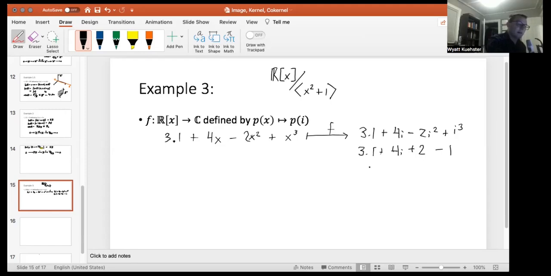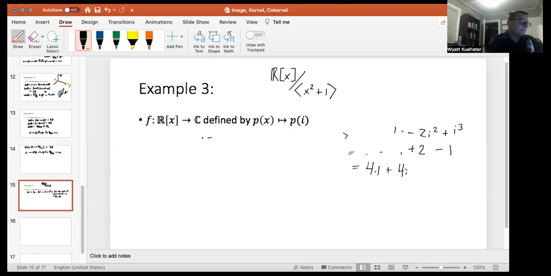So all in all, I get 4.1 plus 4i, just for this example. So it takes a polynomial and replaces the variable x with the complex number i. It's some sort of evaluation map.